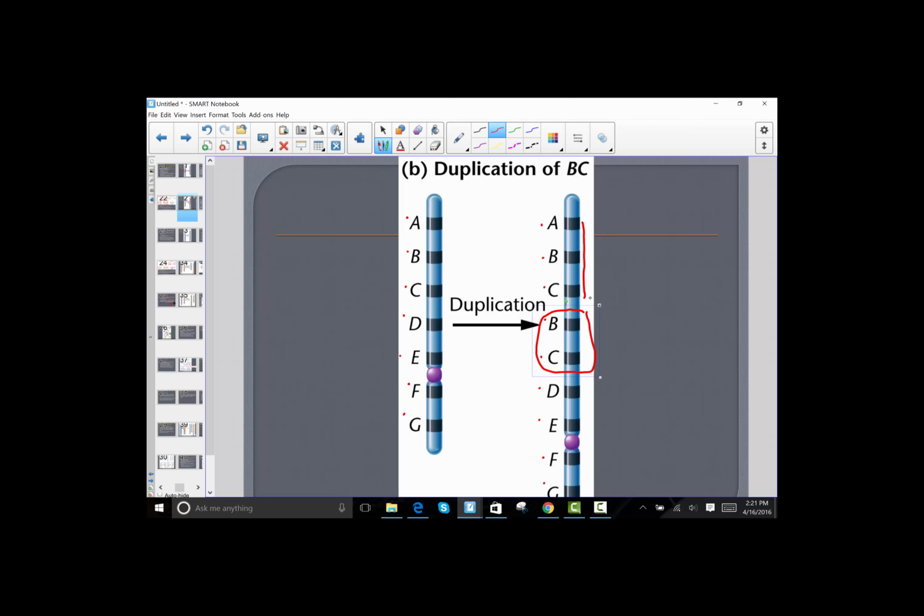Now you might not think that this happens very often, but sometimes when we are copying the chromosome, polymerase gets confused. This is not an exact representation, obviously, because we're looking at a chromosome and not unwound DNA. But if you have DNA that's uncoiled, then polymerase sometimes skips.